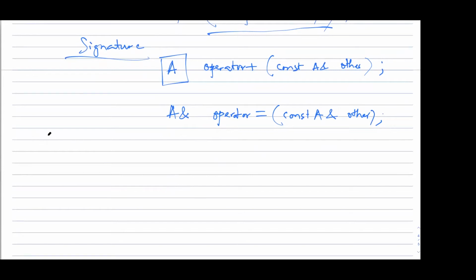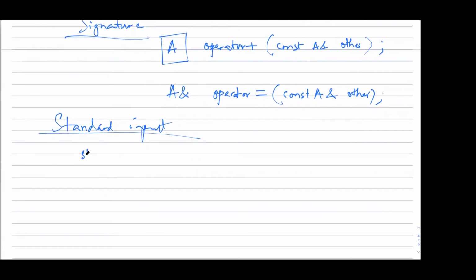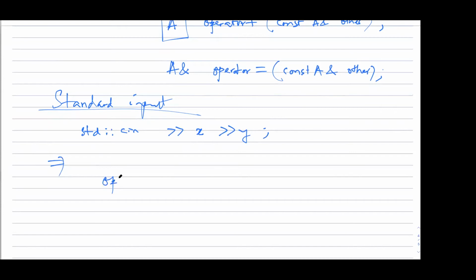Okay, let's give another example of operator overloading. So this is standard input. Standard input is derived from the standard library. So cin greater than, when you're writing this, x greater than y, right? Here in this case, you're reading the values x and then followed by y. This is going to be equivalent to writing operator greater than.